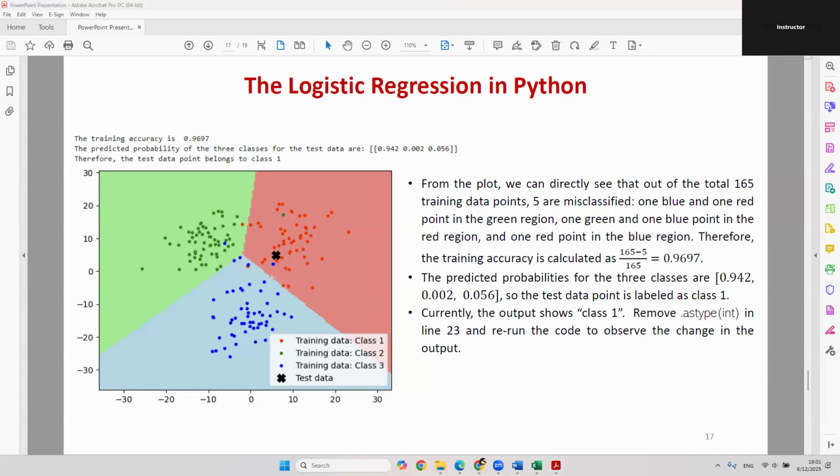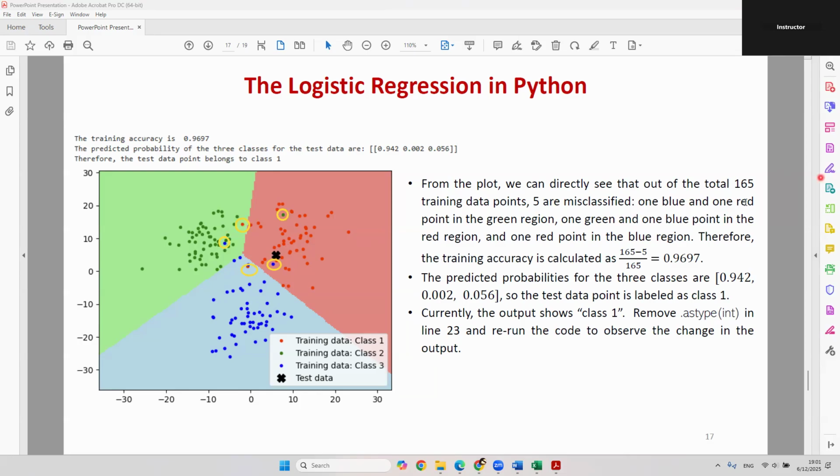These five data are, let me see, one blue here, which is this one. Let me use a yellow color. This one's misclassified. This one misclassified, two, three, four. Why did I find only four? Oh, five here. These five misclassified.